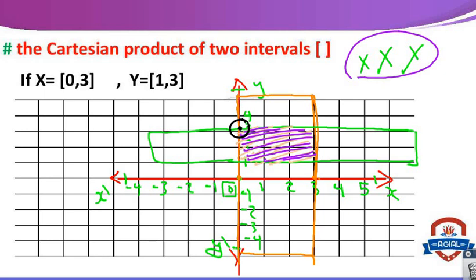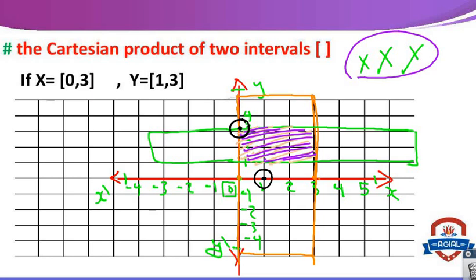Okay? 1 and 0. Does the ordered pair 1 and 0 belong to X × Y? At first, where are 1 and 0? 1 on x and 0 on y, this point. Does 1 and 0 belong to the Cartesian product X × Y?